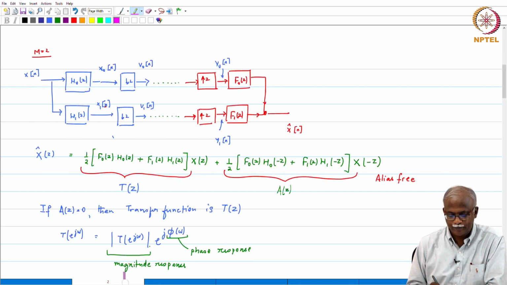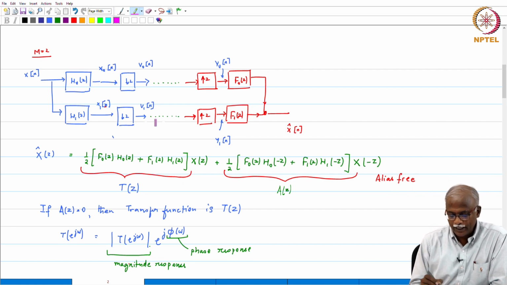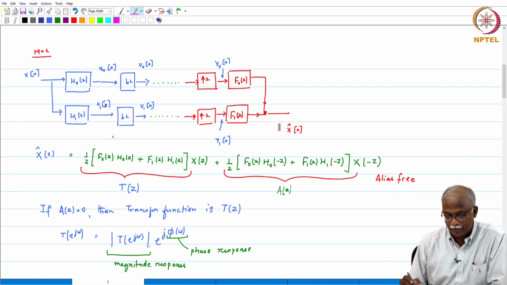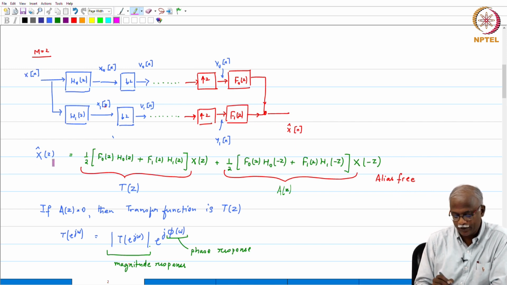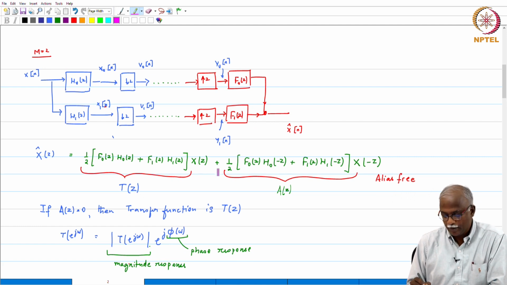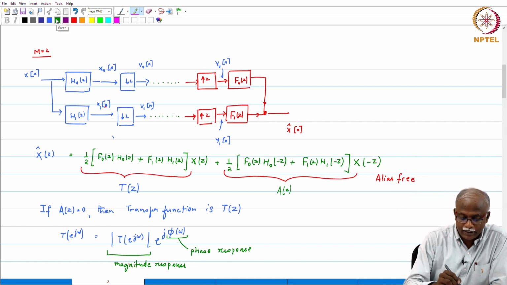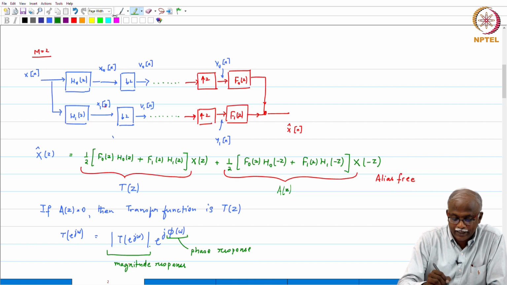in lecture 22. I'd like to begin by reviewing the two-channel filter bank, showing that we can write the overall response between x input and output in this fashion, where x hat of z can be written as T of z times X of z plus A of z times X of minus z, and X of minus z represents the term which contains the aliasing.